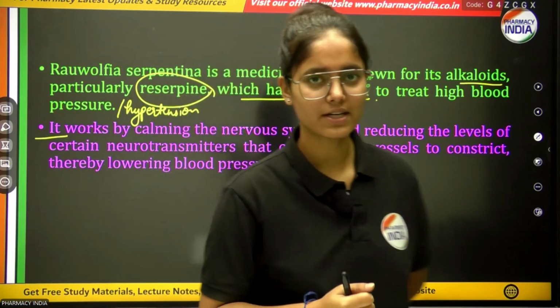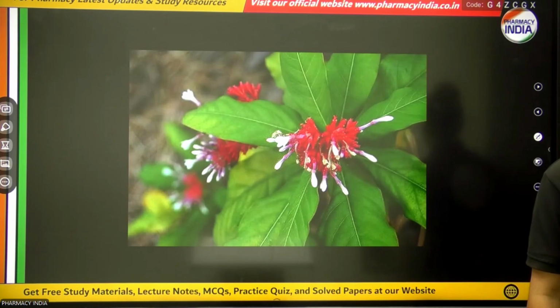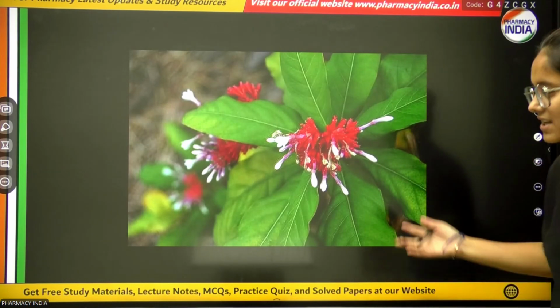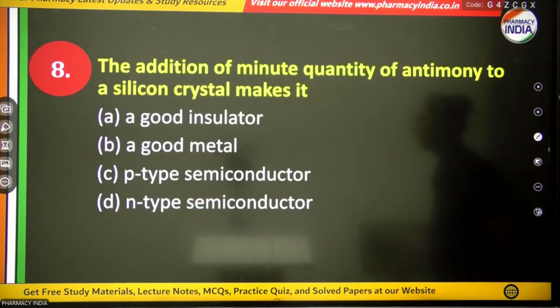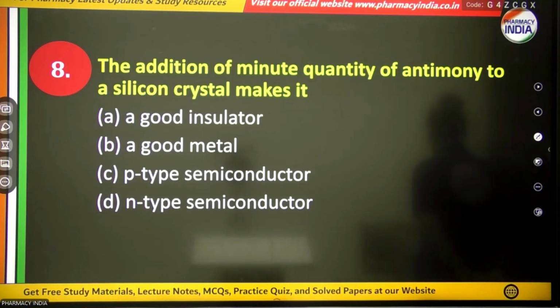Clear? So the correct option will be Rauwolfia serpentina. You can see this is the diagram of Rauwolfia serpentina. You must have seen it in your gardens. Clear? Chalo.